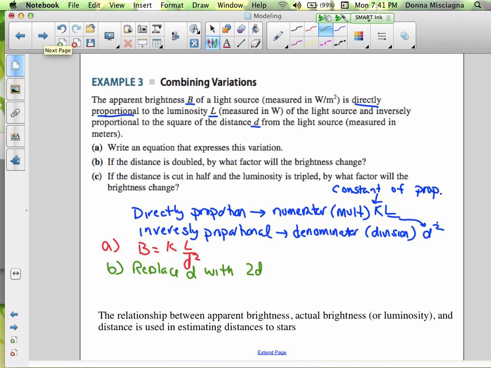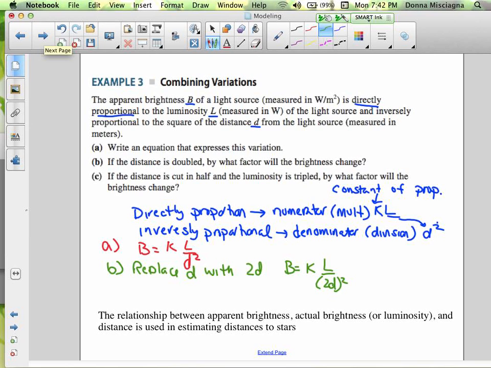So B equals K times L divided by 2D all squared. You're replacing D with 2D because that's twice the distance.